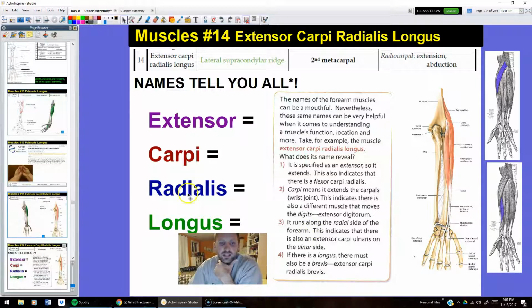The radialis section is it's going to be running along the radial side of my forearm, not the ulnar side of my forearm. And this longus, as opposed to brevis, this is the longer of the extensor carpi muscles. There's also brevises that I'm not choosing to build. But in this one muscle name, you actually have most of its locations and functions wrapped up in the name. So I think that's pretty cool.